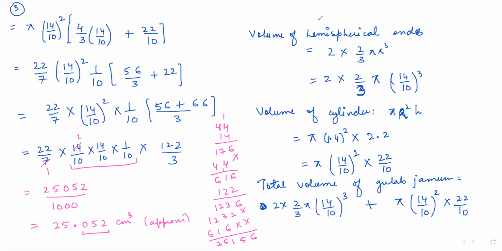So I have got this. Now this is the volume of one gulab jamun. Now what does the question say? Find approximately how much syrup would be found in 45 gulab jamuns, right? Now a gulab jamun contains sugar syrup up to 30% of its volume. So this is the volume of the gulab jamun.